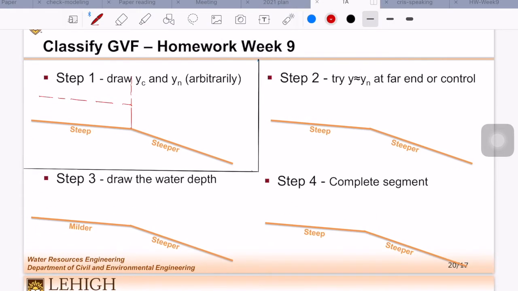So I still use a red dashed line to represent critical depth, and I will draw the black dashed dot line to represent the normal depth.